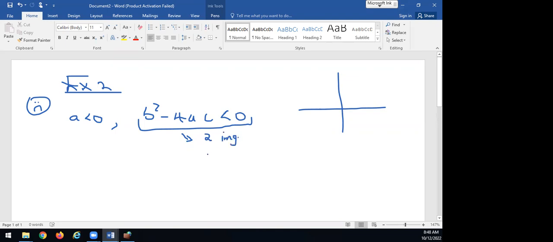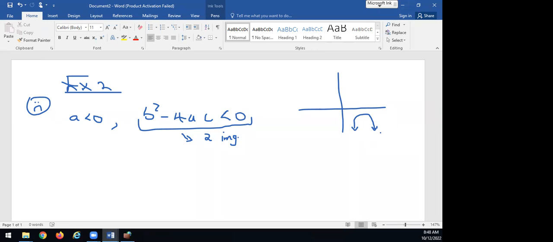It means that it's not going to cut the x. So it would have to be somewhere under the x-axis. Very good. So any graph that is under your x-axis and concave downward would work. It could be on the left side, the right side, the middle. It doesn't matter as long as it's under the x. It must not cut the x-axis, because we don't have any real solution.